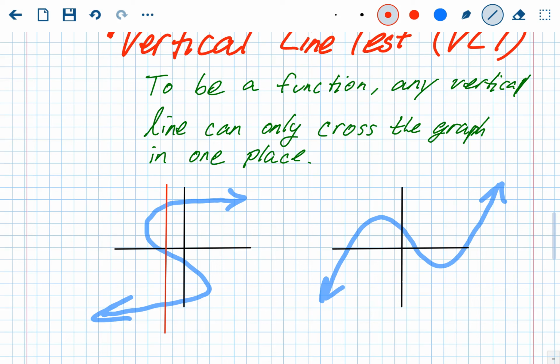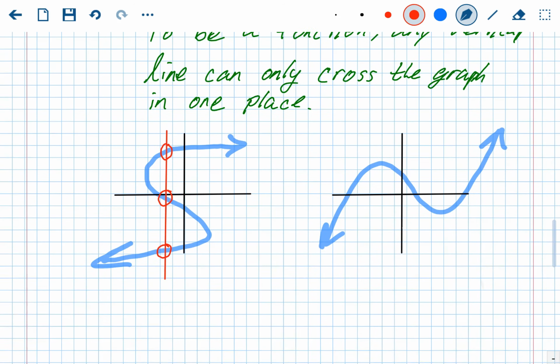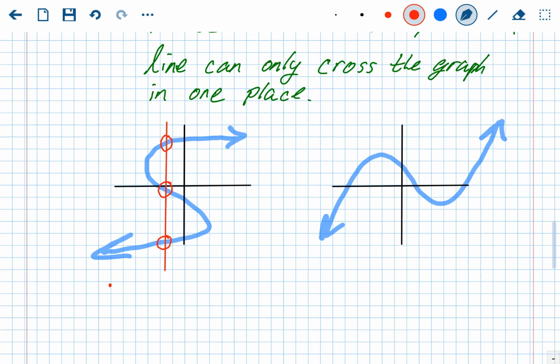How many times does that vertical line cross the graph? Well, it crosses it up here, it crosses it down here by the x-axis, and even crosses it a third time down there. So that fails the vertical line test, which means it's not a function.